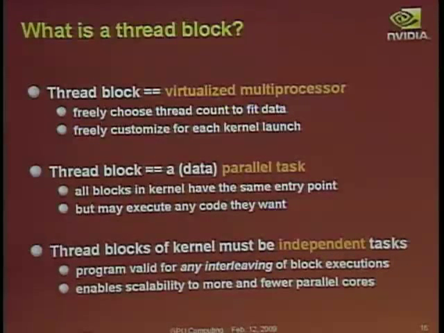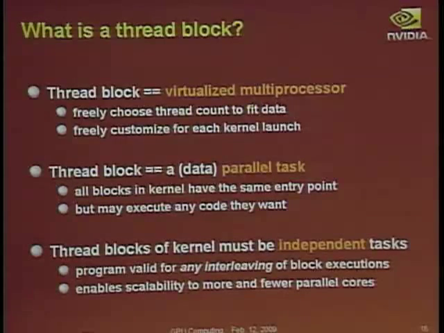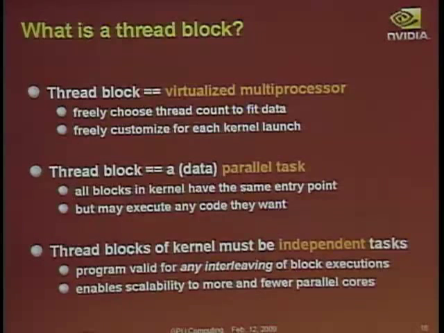And the nice thing is that every time you want to run a kernel function in CUDA, you can change your mind about how many threads are in a thread block and how many blocks are in a grid. So if step one of your algorithm needs this much parallelism and this kind of parallelism, you can declare your kernel to have that sort of parallelism. And then if the next step has a different shape or a different size, you're free to do that. So it's different than some previous flat data parallel languages, which gave you a fixed processor count and you were stuck with it.